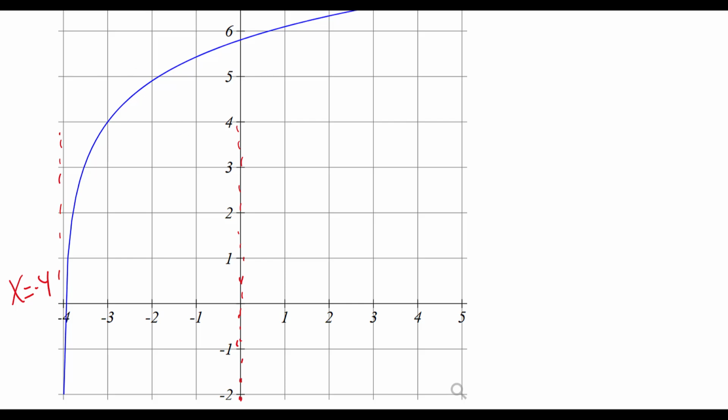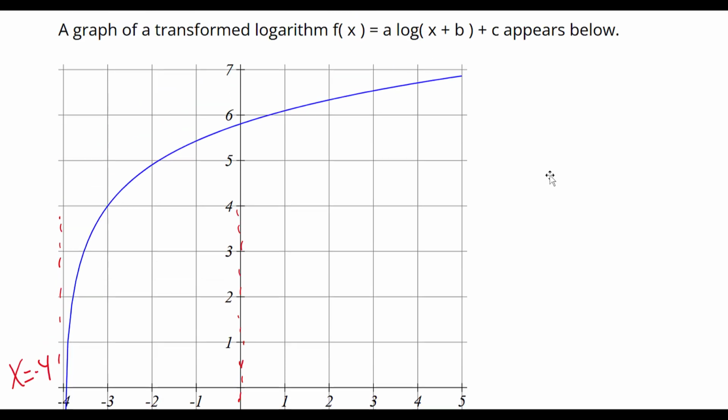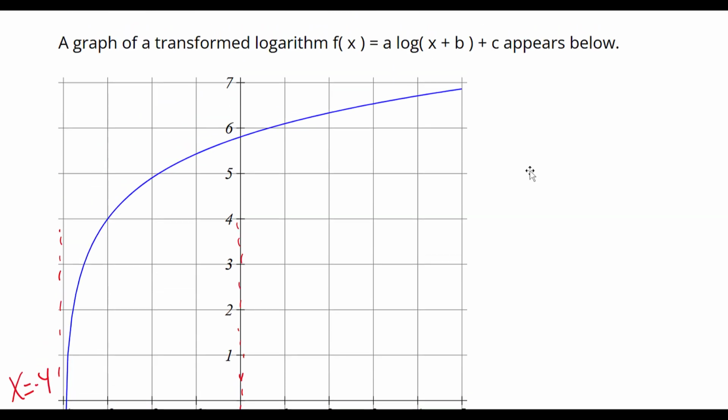So when we look at this, f of x is a times log of x minus negative 4, which makes x plus 4, plus c. So that's one piece of information. Now we need to find a and c.